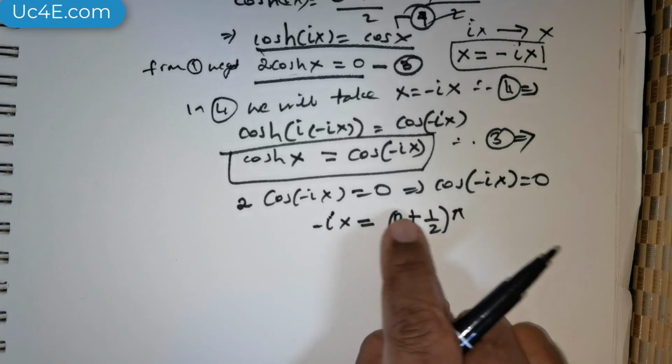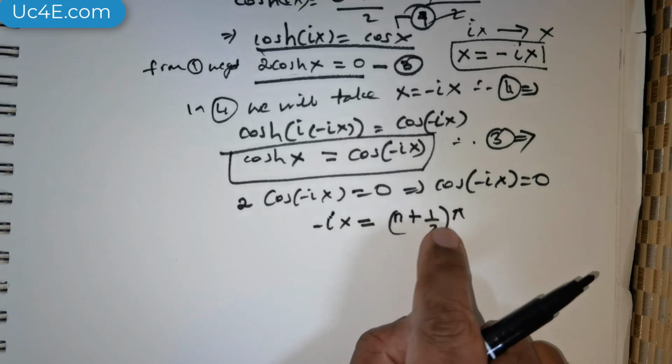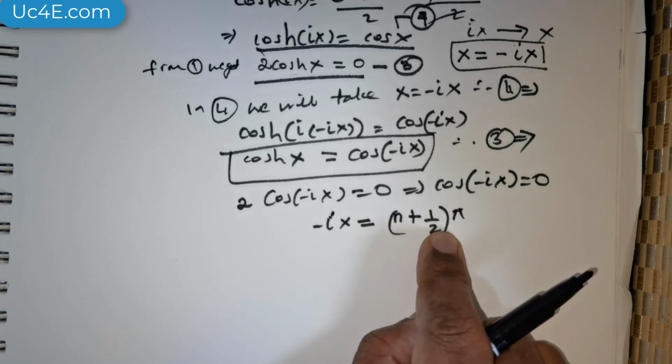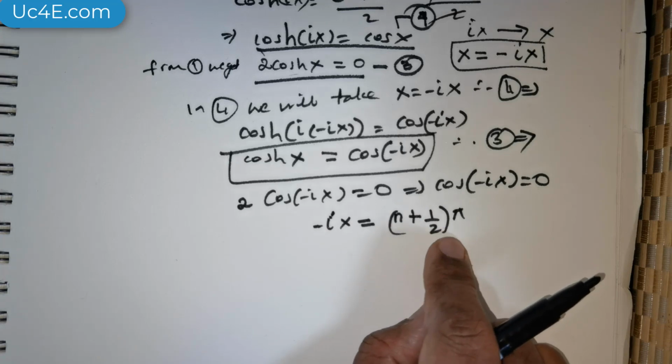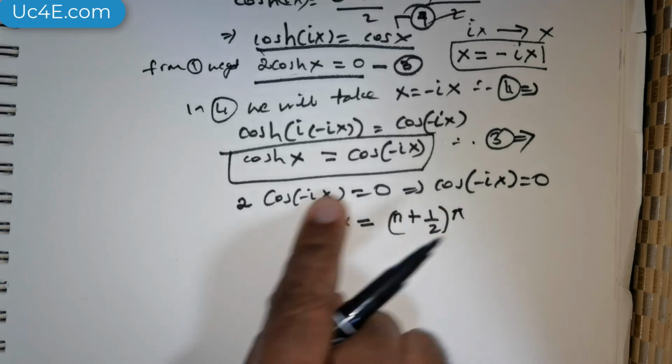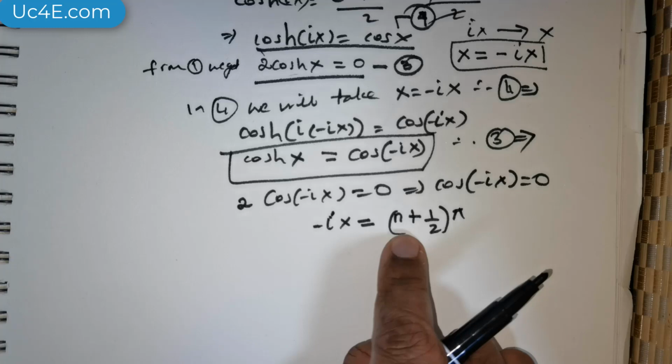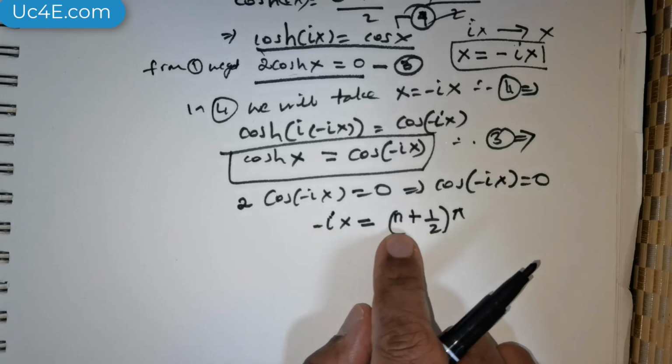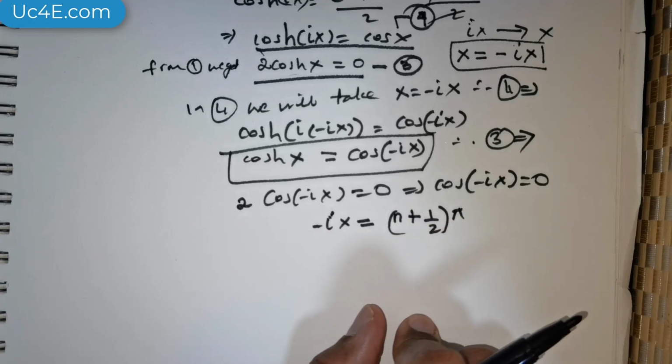Because if you were to distribute pi, you get n pi positive pi over 2. Clearly, cos 90 is 0, right? So that is the reason I have represented negative ix is equal to n positive 1 over 2 times pi.